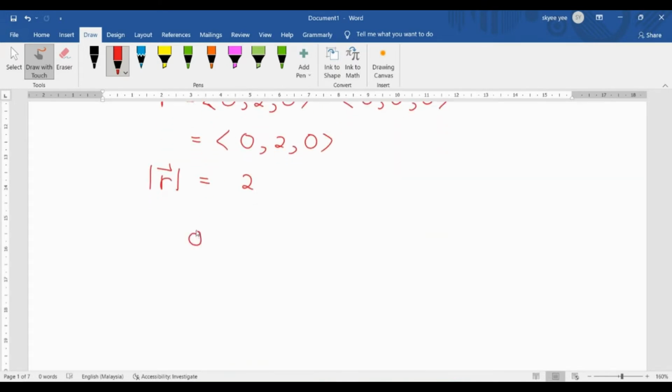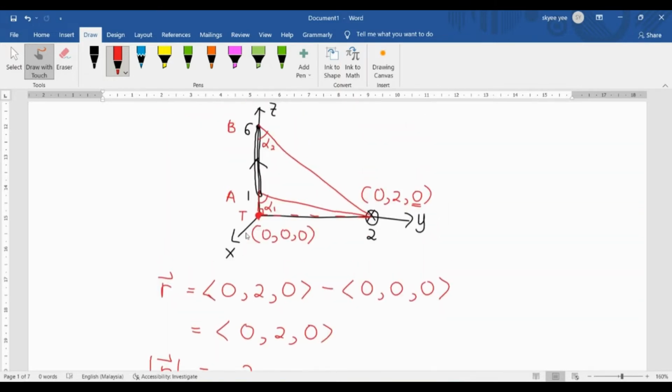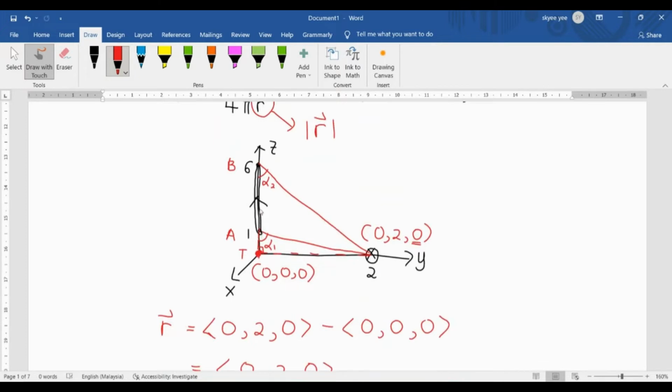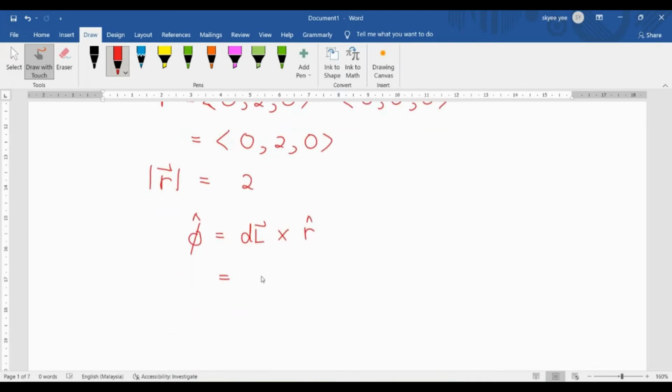This is the direction of the magnetic field, and it is equal to the direction of the current filament cross product with the distance vector between the observation point and the point T. If your current flows in the z direction, this one will be z, cross product with the unit vector r.